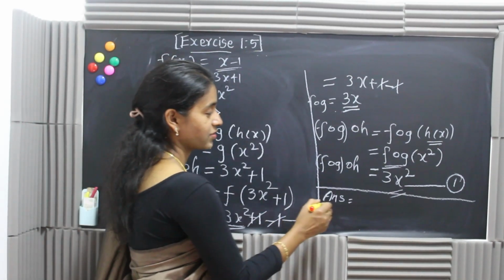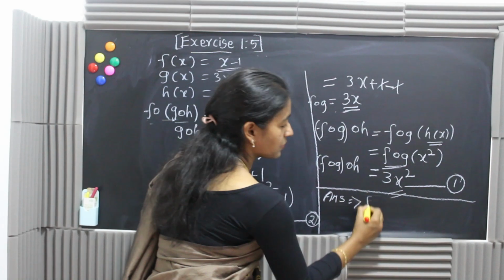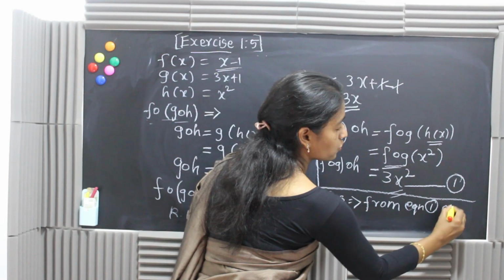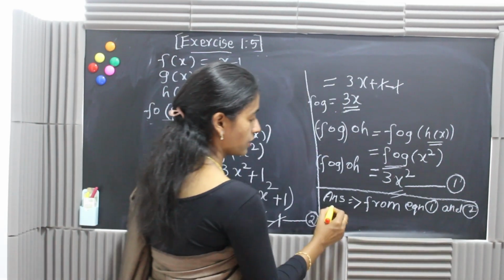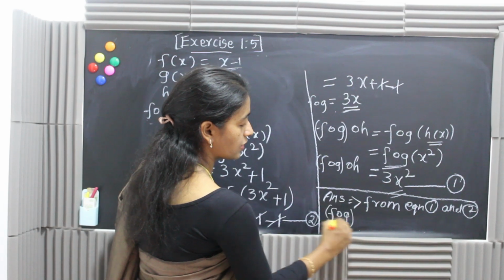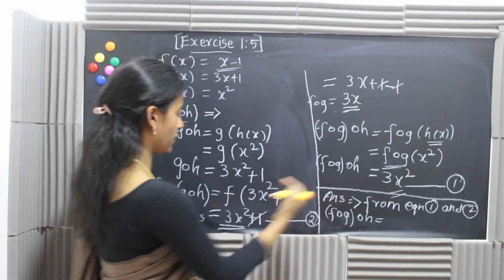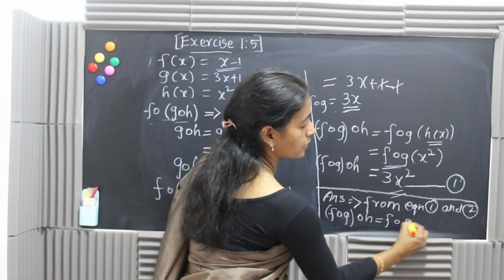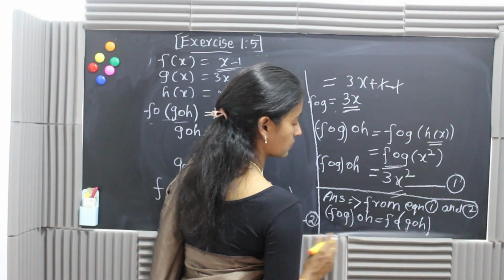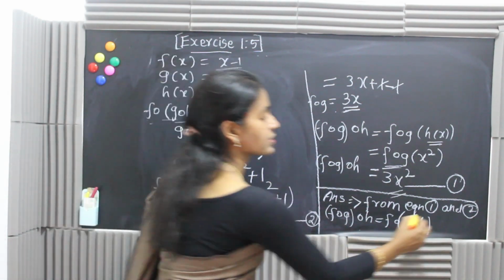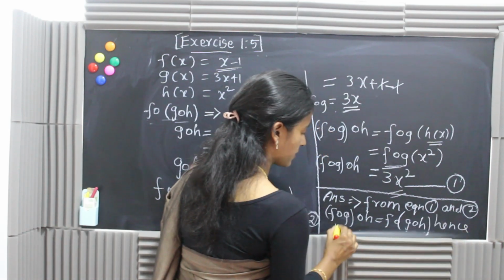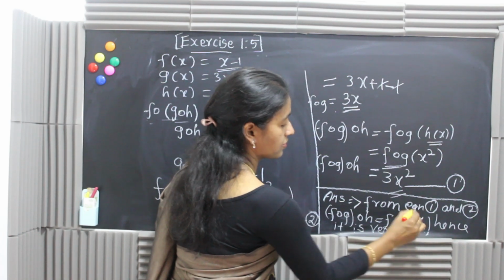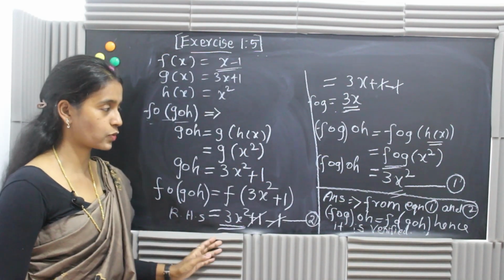So the answer is, from equation number 1 and 2, f of g of h equals this, f of g of h. Hence, it is verified. This is the answer of the 8th problem.